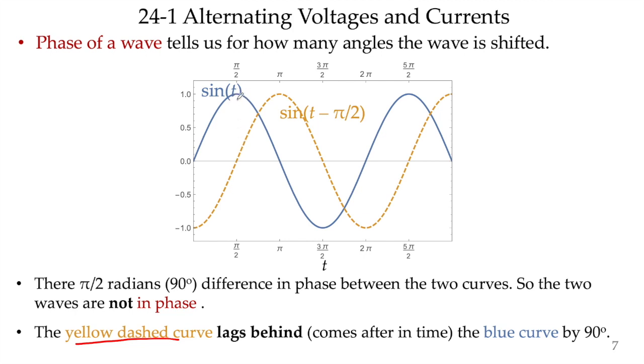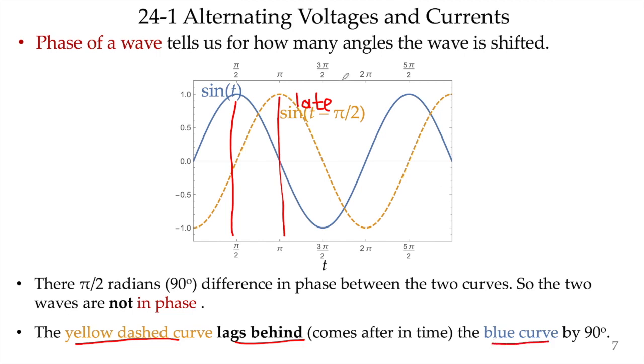The blue curve reaches the peak at time pi over 2, but the yellow curve reaches the peak at pi. So the yellow curve reaches the peak at a later time. The yellow one is actually late. The blue one is early. So this is why we say the yellow dashed curve lags behind, it comes after the blue curve in time.